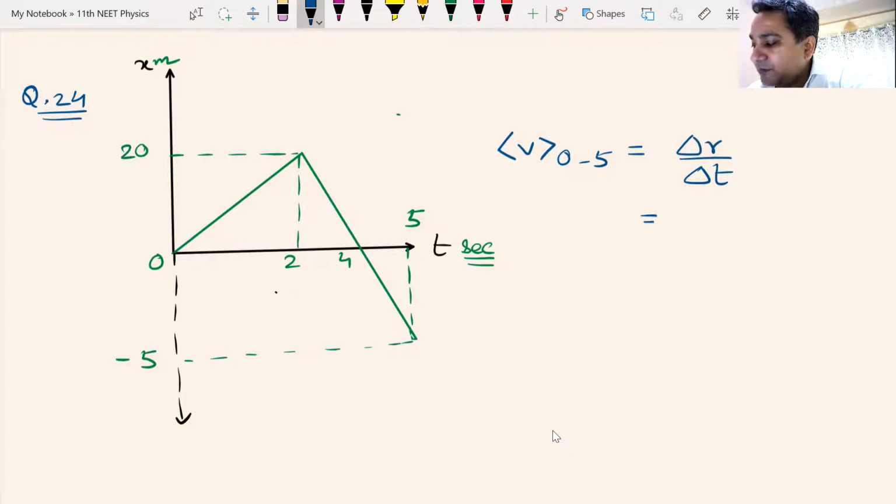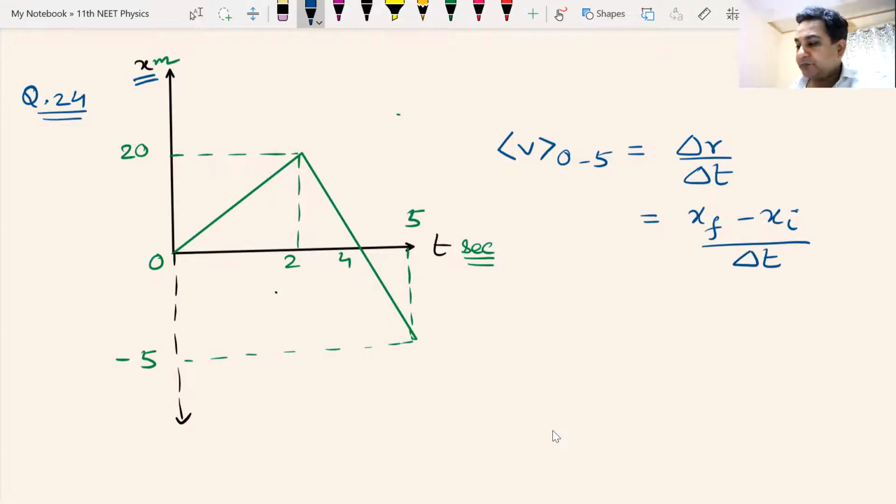Do we remember this? Total displacement divided by total time. That means you have to find out the final position. Instead of writing it as RF, since it is motion in one dimension, the particle is moving along the x-axis.